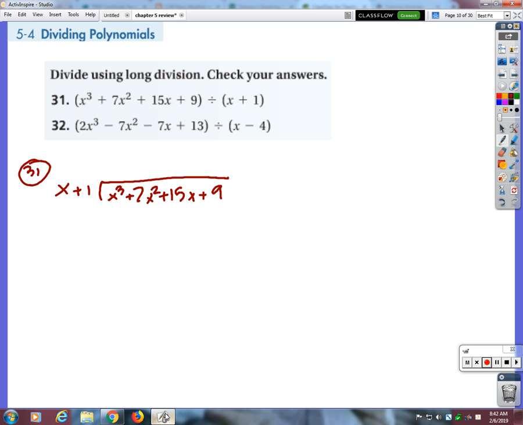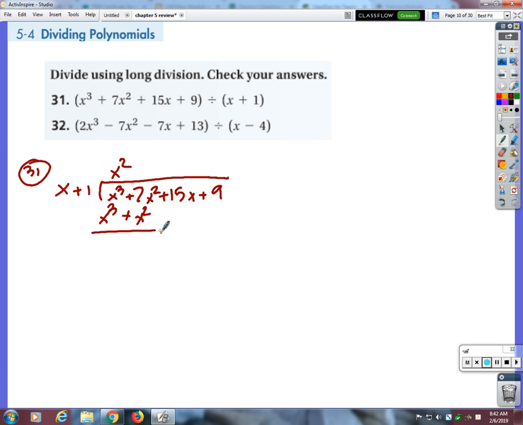What's x cubed divided by x? What's the first term divided by the first term? x squared. Good. So x cubed divided by x is x squared. And then you multiply both of these things by the x squared. So x squared times x is x cubed. x squared times 1 is x squared.